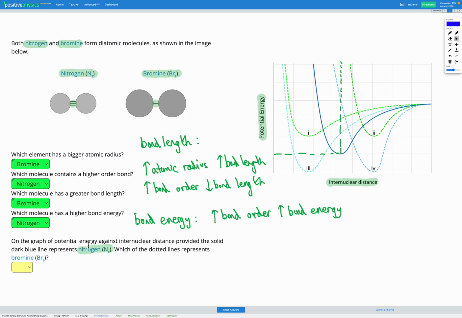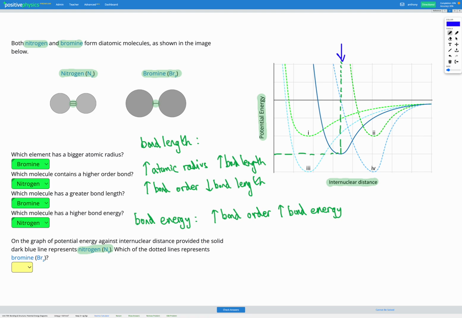So we need to figure out which of the dotted lines represents bromine if that dark blue line represents nitrogen. So first let's look at the bond length. So we know that bromine has a greater bond length than nitrogen. So nitrogen's bond length is measured here on our graph.